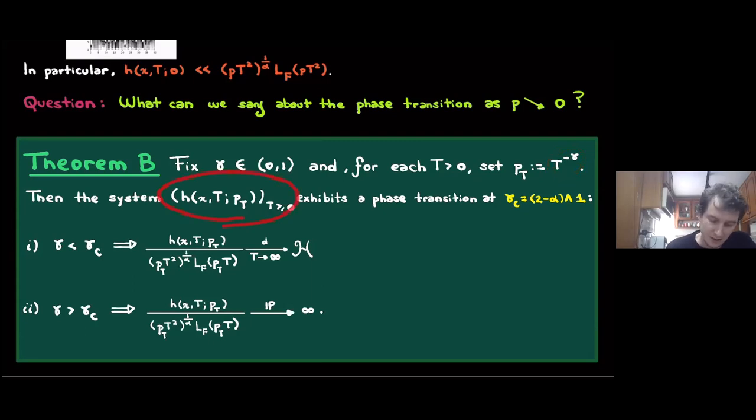So if we consider this system, then this is going to have a phase transition at a critical value of gamma equal to the minimum between 2 minus alpha and 1.